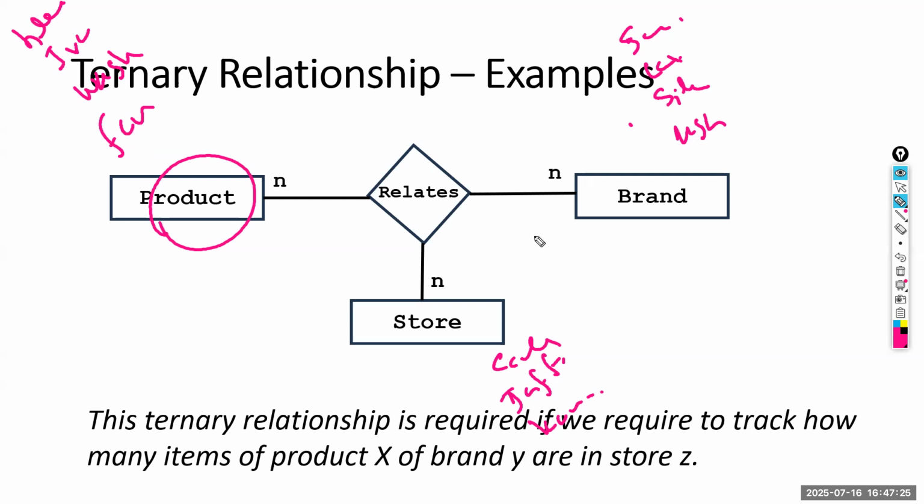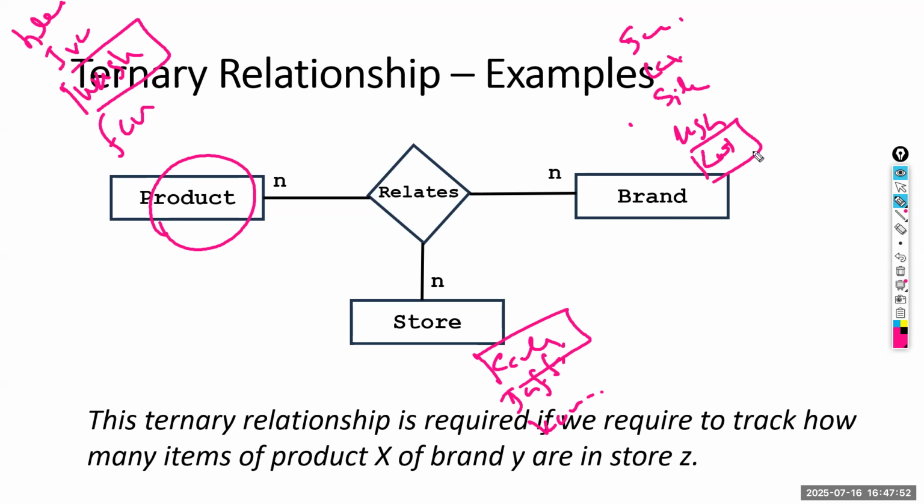So then if you want to keep track of how many LG washing machines are in the Colombo store, then how many Samsung washing machines in the Colombo store. That is a different thing because it's combining three concepts.